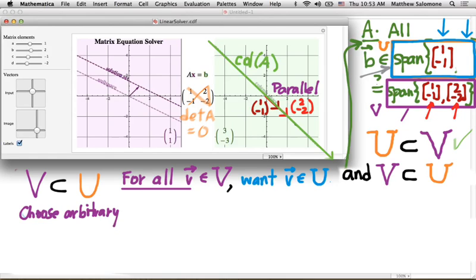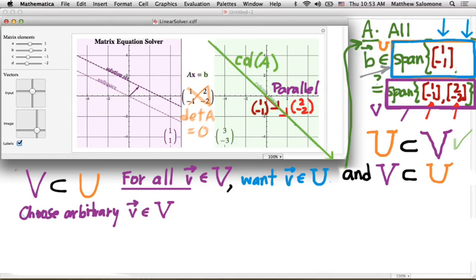And when I say arbitrary here, that prevents us from choosing a single example, like 2 times the first vector plus 6 times the second vector. When I say arbitrary, that means that the particular linear combination that we're going to choose out of V has to have arbitrary coefficients.